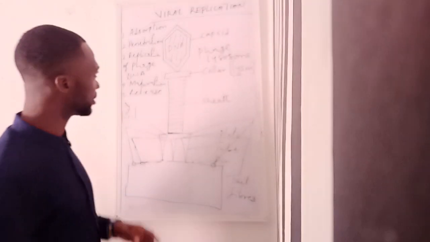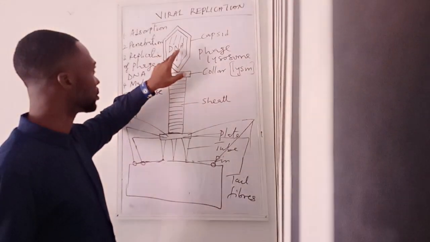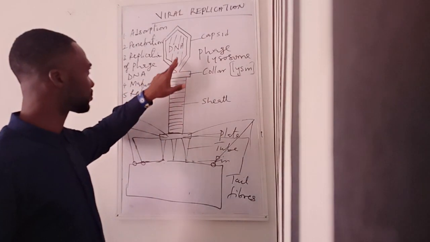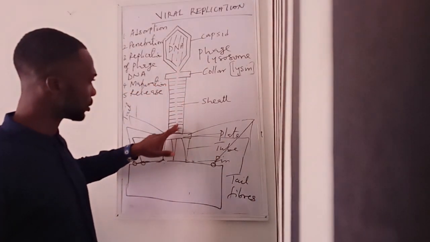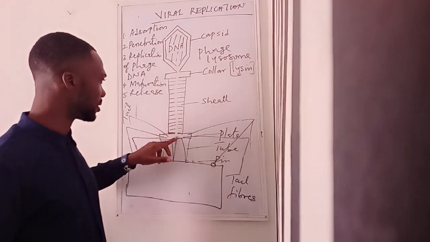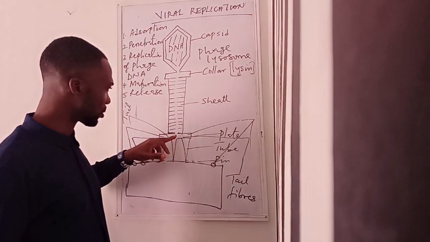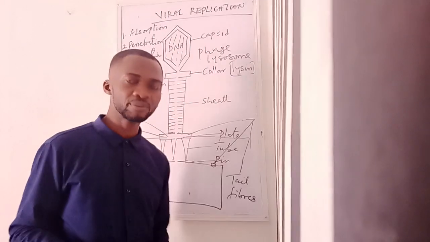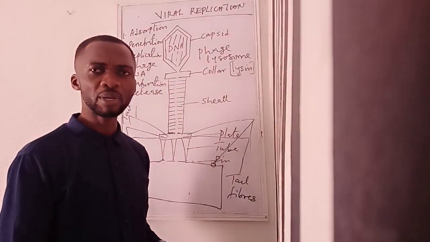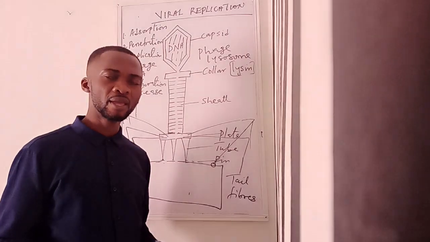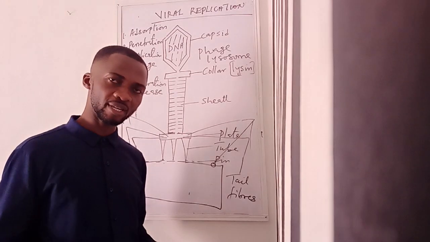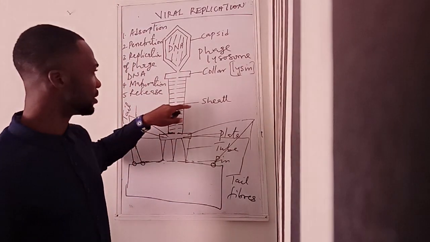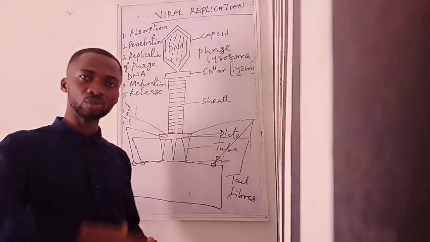Once the enzyme is released, what the enzyme does is to create a space between the collar and the sheet, and of course the plate. And not just that, it also degrades the cell wall of the bacterium, creating an opening. And once that opening is created, the sheet of the virus contracts.